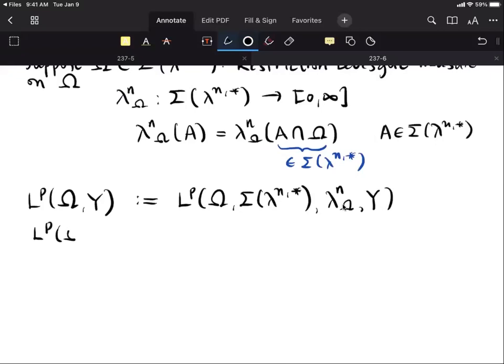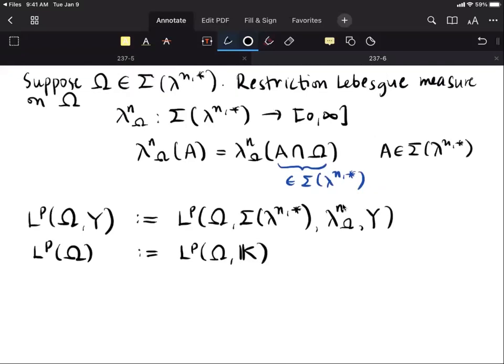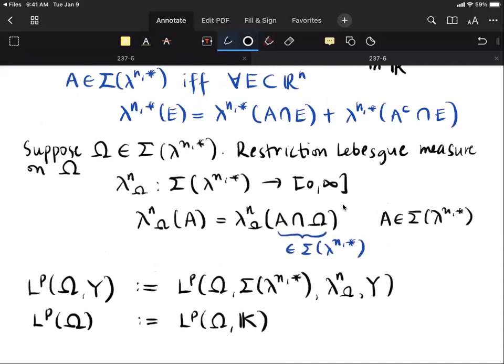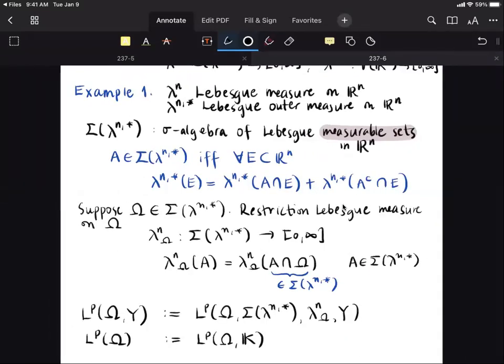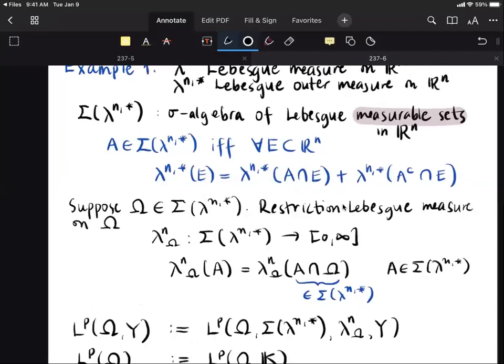Also, we will denote by L^p(omega) those functions that take values in the field K, either the real numbers or the complex numbers. So this is to simplify the notation for the Lebesgue spaces. This is our typical Lebesgue space that we consider in real analysis.